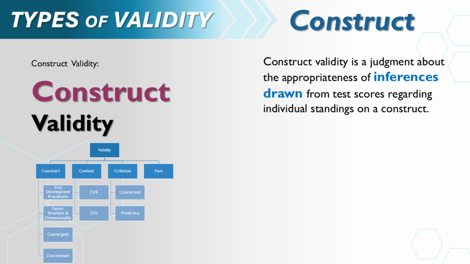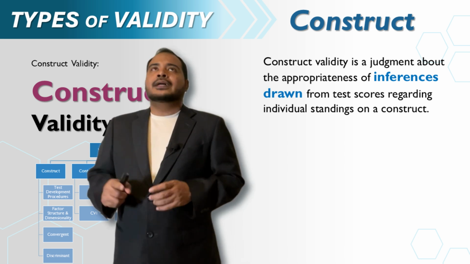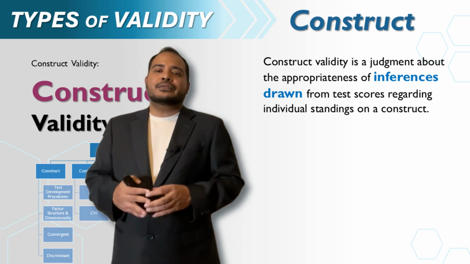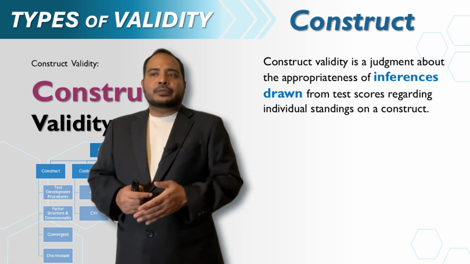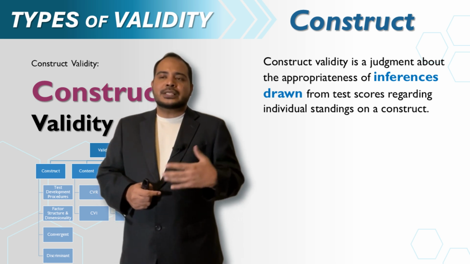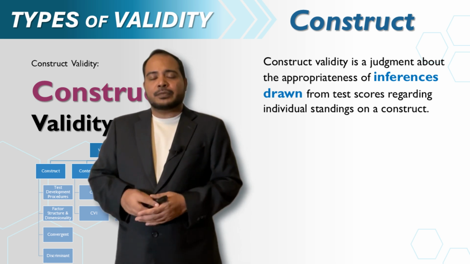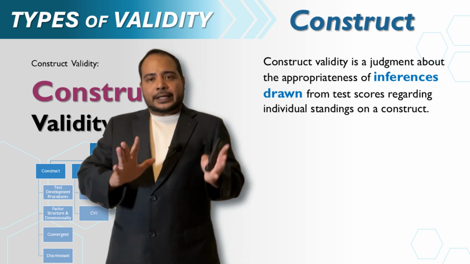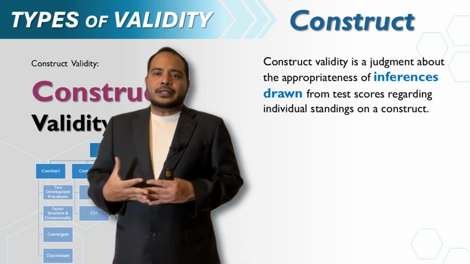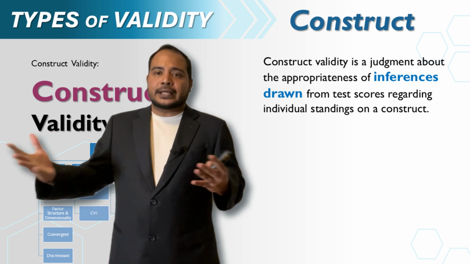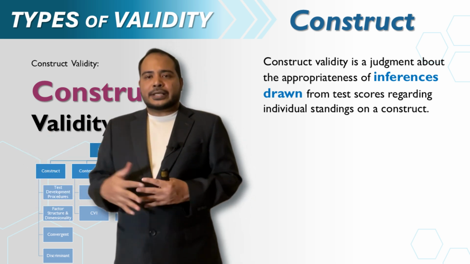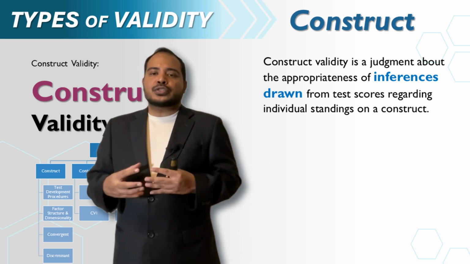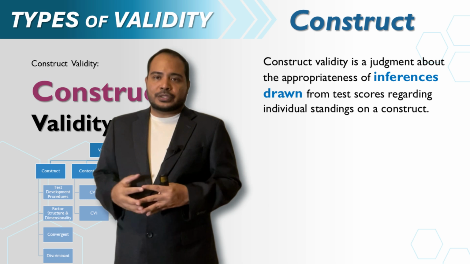Construct validity is a judgment or an estimate about the appropriateness of inferences drawn from test scores regarding individual standing on a construct. It's quite technical, and I do understand this. Think of it like this: when you develop a motivational scale, we expect that those who score high in motivation also have a high level of motivation.